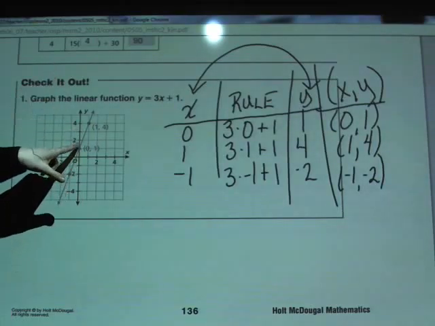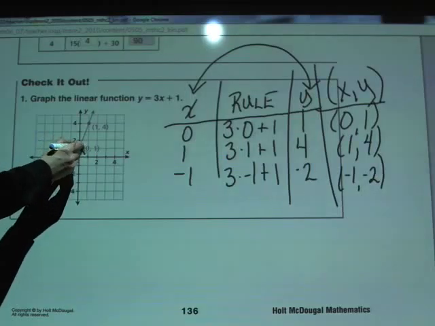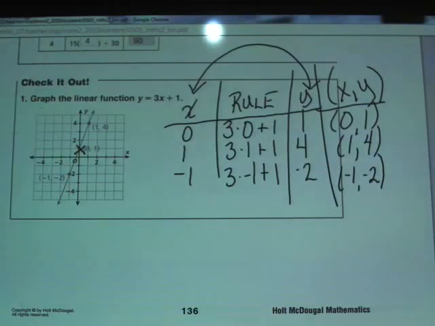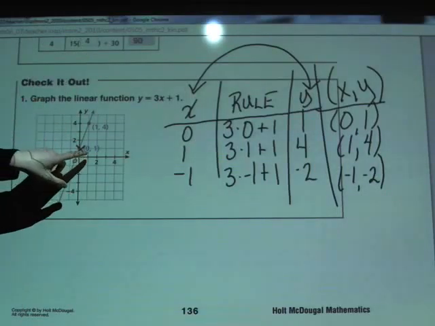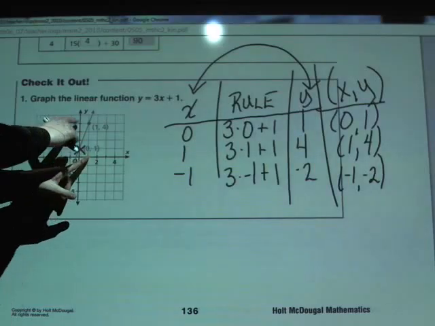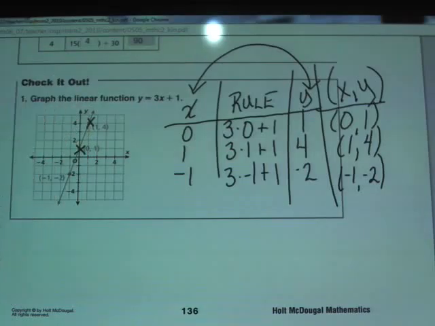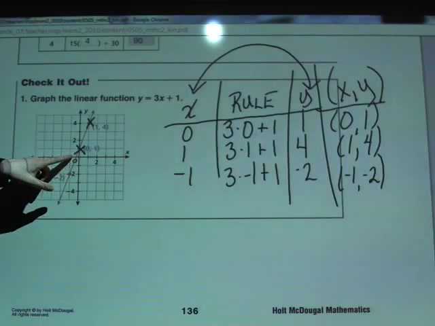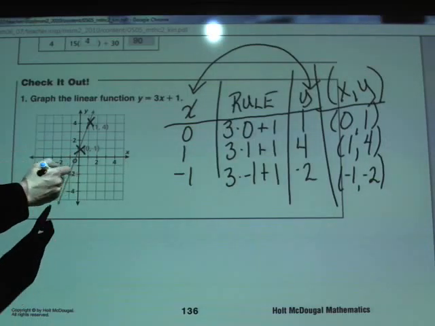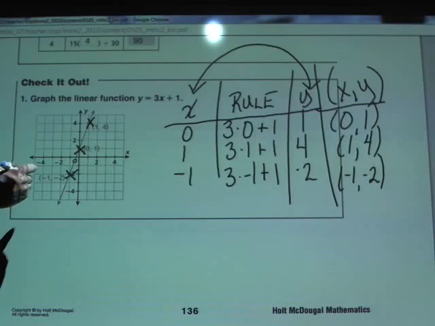Then I've got 1, which means I'm going to go up 1 and put a dot. 1, 4 means I'm going to go to 1 on the x-axis and to 4 on the y-axis. Where those meet, that's this point right there. Then the last one, -1, -2: I'm going to go to -1 on the x-axis and -2 on the y-axis. Pull together where those meet, connect my line, and there's the graph of the linear function y equals 3x plus 1.